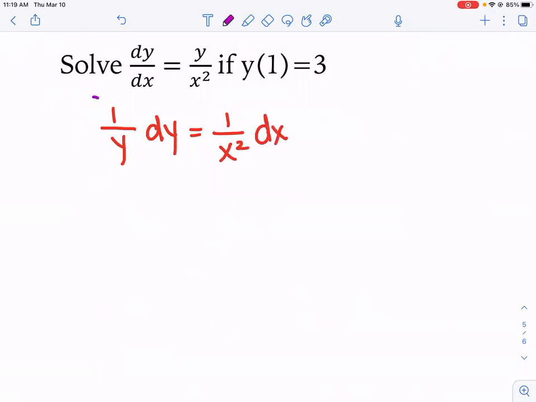Okay, now when we integrate both sides, when we integrate 1 over y, we get the natural log of y. The right side has nothing to do with the natural log. So if you wrote down the natural log of something, go ahead and erase it.